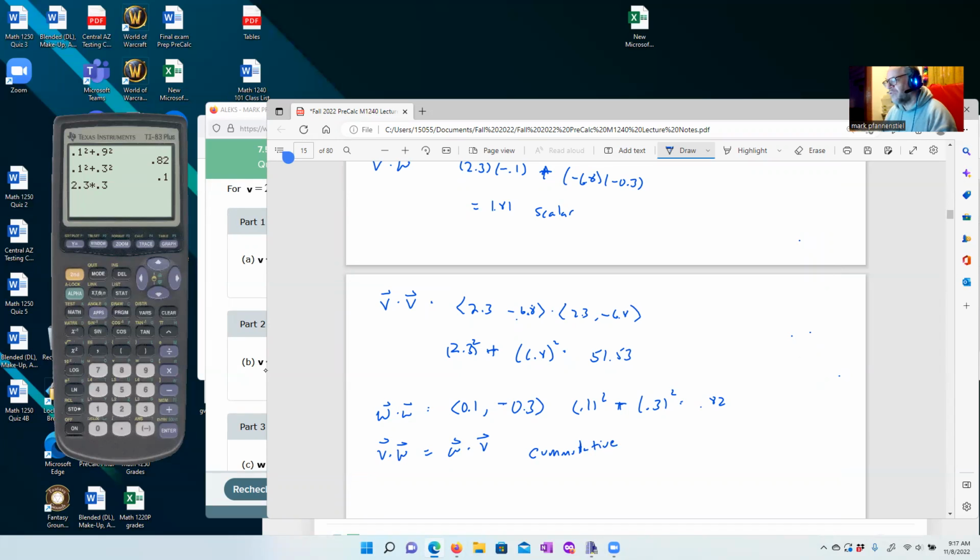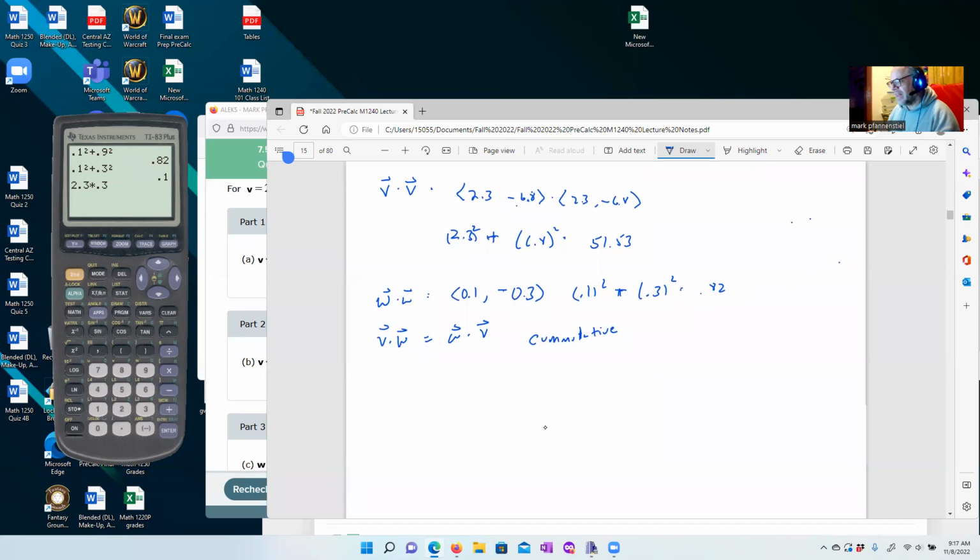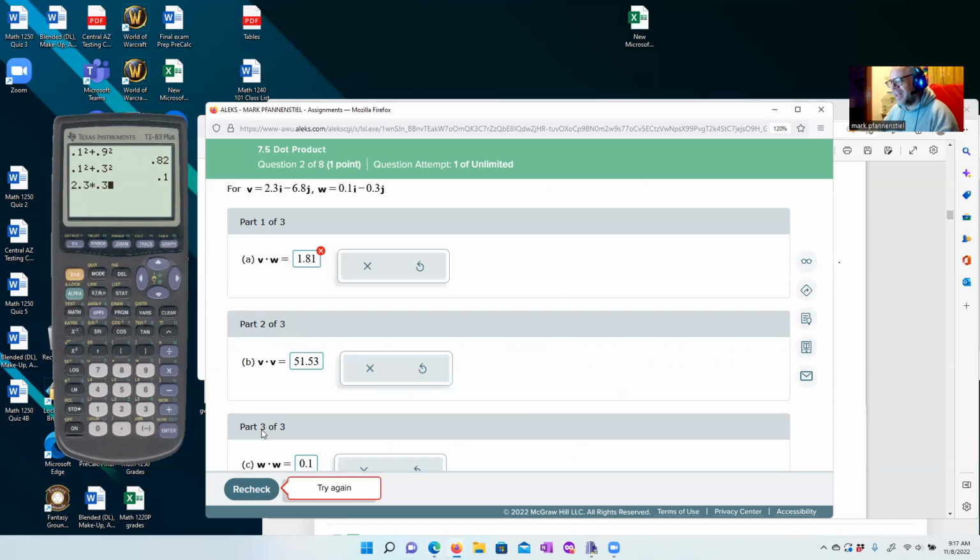This is like every other multiplication and addition problem that you've ever seen. Some things are not. We'll soon learn things that are not commutative. If you swap the order, you get a different operation. Not so with dot products. So you're pretty safe. If you turn things around, it doesn't matter.